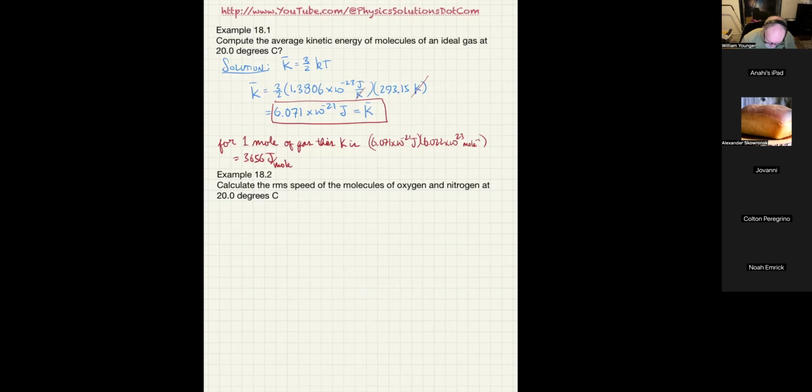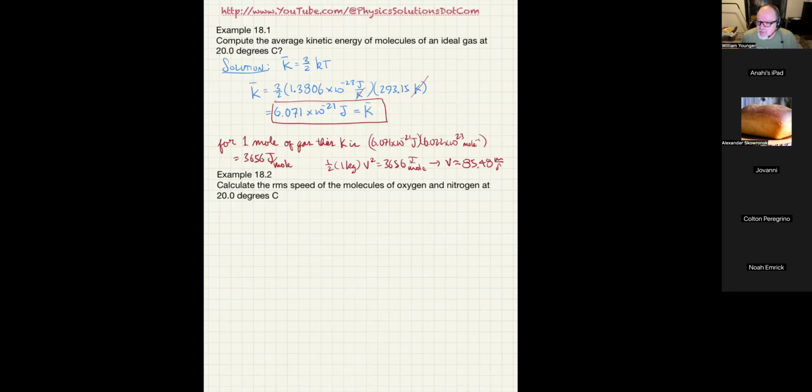And the way you can do that is you can say 1/2 times 1 kilogram times v squared is equal to 3656 joules per mole. And that would give you v on the order of 85.48 meters per second. So that is a lot of kinetic energy associated with 1 mole of an ideal gas.